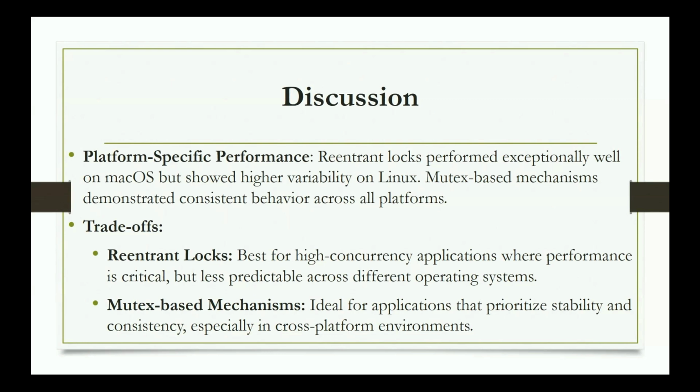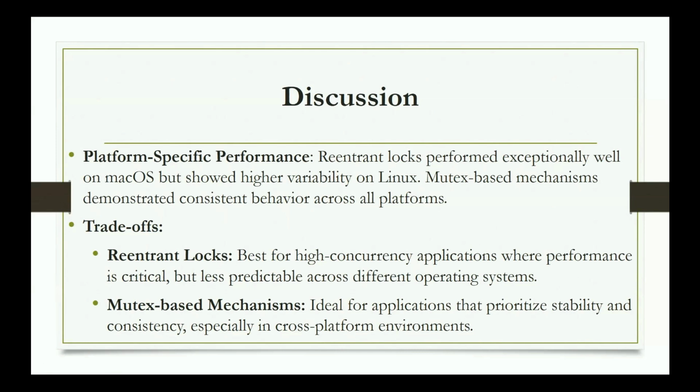And then for the trade-offs, we would see that reentrant lock is best for high concurrency applications where the performance is critical. We want it to perform in a very short time.